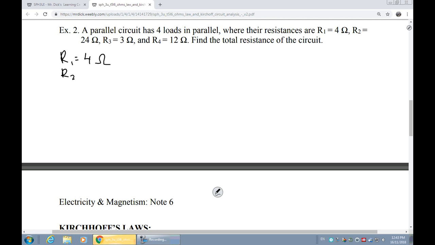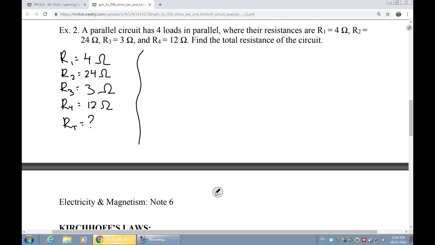Our second resistor is 24 ohms. Our third resistor, you're getting lots of practice writing down the ohm symbol, is 3 ohms. And our fourth resistor is 12 ohms. We are just looking for our total resistance, and I'm just going to use a T to represent total, RT.